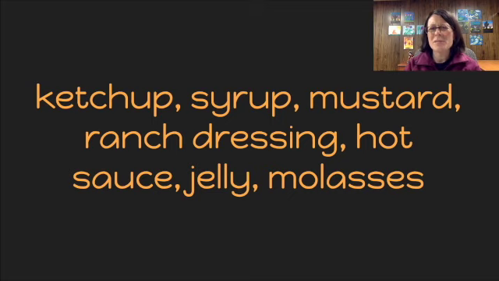So I've thought about some things in my refrigerator: ketchup, syrup, mustard, ranch dressing, hot sauce, jelly, and molasses. Those were some things that I had. You might have other things. You can add my things to yours if you would like, or you don't have to.